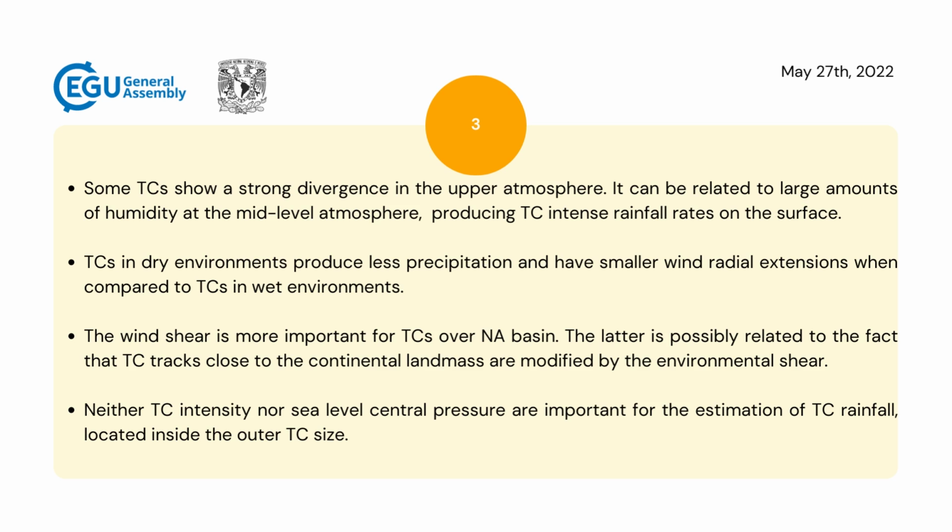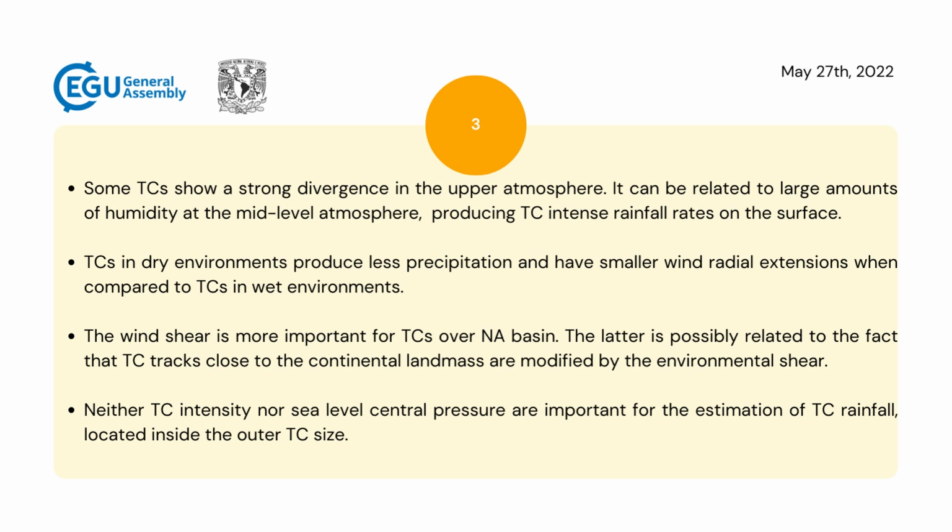Some tropical cyclones show strong divergence in the upper atmosphere. It may be related to large amounts of moisture in the mid-level atmosphere, producing intense tropical cyclones at the surface. Tropical cyclones in dry environments produce less precipitation and have a smaller radial wind extension when compared to tropical cyclones in moist environments. Wind shear is more important for tropical cyclones over the Atlantic basin.